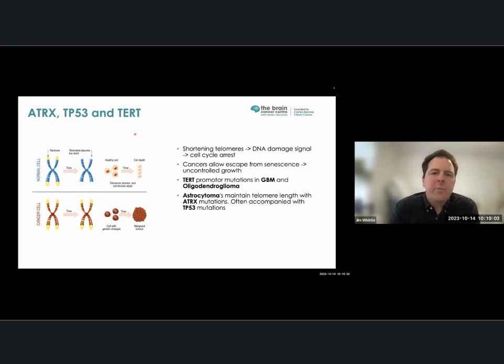And in gliomas, there are 2 different mechanisms that this might occur. So we see TERT promoter mutations in glioblastoma and also in oligodendroglioma. And typically astrocytomas are characterized by mutations in ATRX.